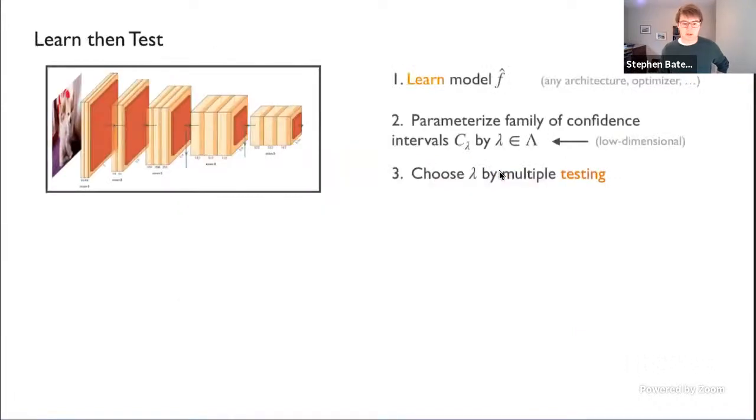That's why we introduced this Learn Then Test algorithm or framework. It has basically 3 steps. You start off with some model f hat. This is going to be a deep learning model, say. You can get it with any architecture, any optimizer, whatever you want. It's some black box that we're then going to probe to extract rigorous confidence intervals, say. So if I'm doing classification, I want confidence intervals.